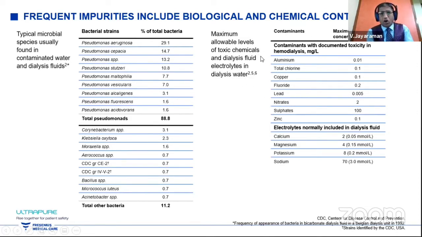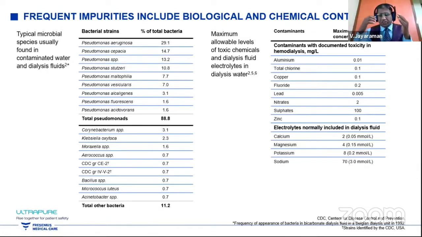The maximum allowable levels of the chemicals in the dialysis fluid electrolytes, if you have a good water treatment system maintained, I think you can see all the values shown in the table, which is almost 0.01. If it is well maintained according to ISO standard 23500 part 3, you can justify this table with all these contaminants almost zero.